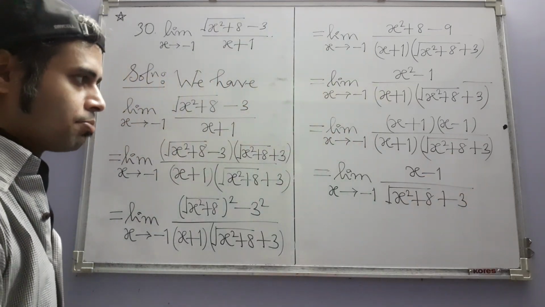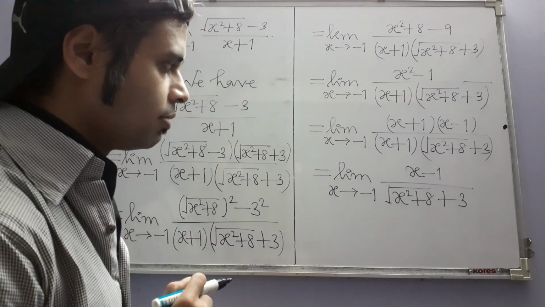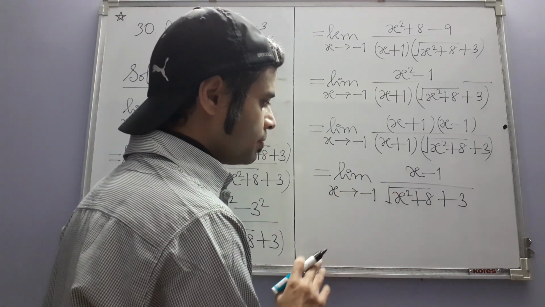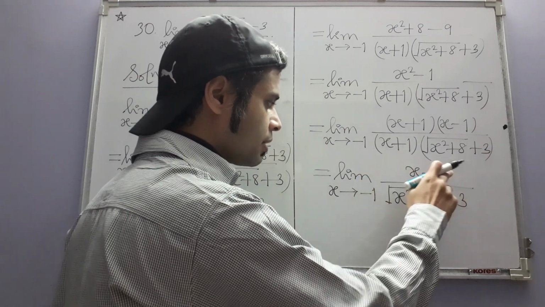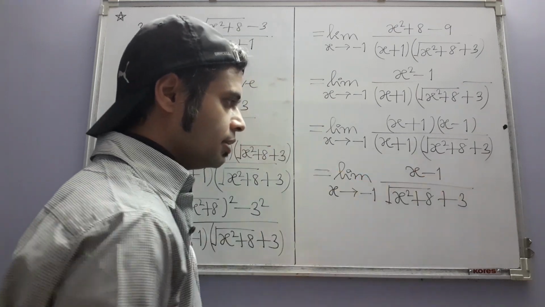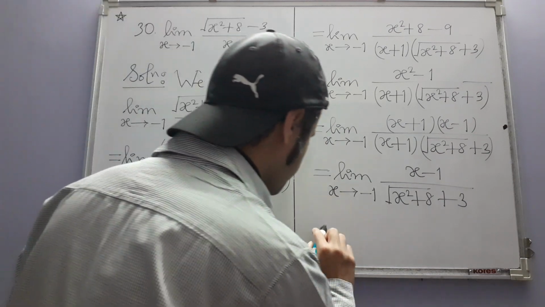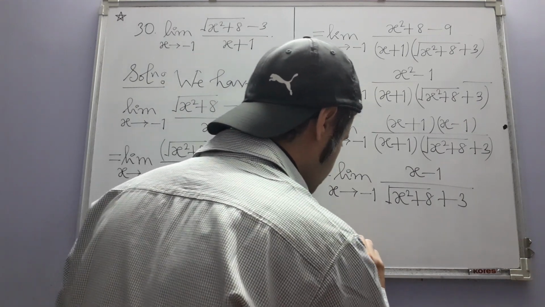And now there is no problem in applying theorem 1, that is the several parts of theorem 1. For example, first you apply the quotient rule. That will allow you to write this limit as the limit of x minus 1 divided by the limit of this, and then so on. The other rules are then subsequently applied, and finally we get this.